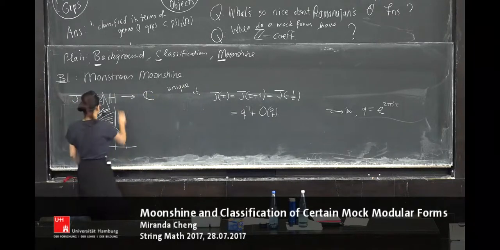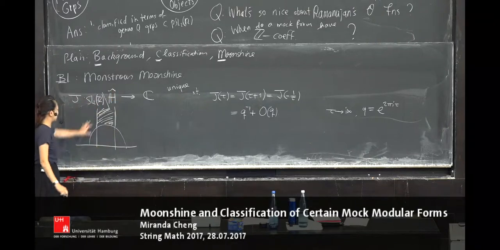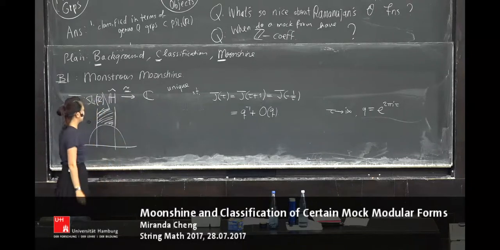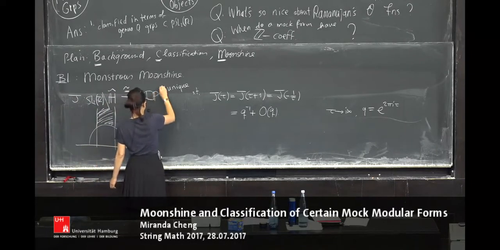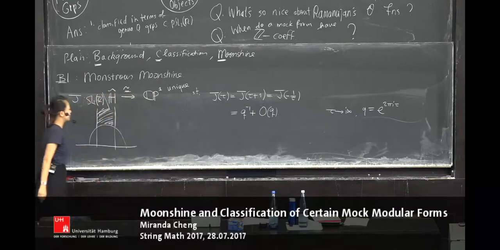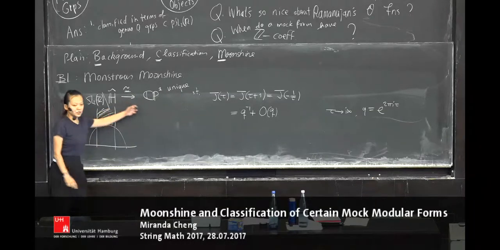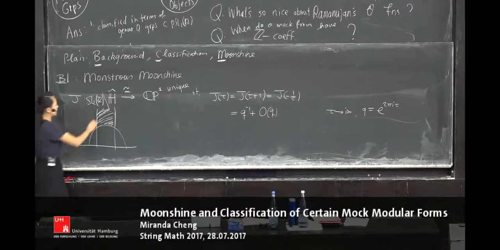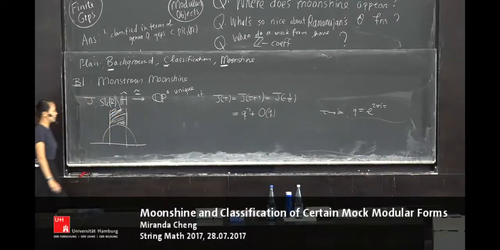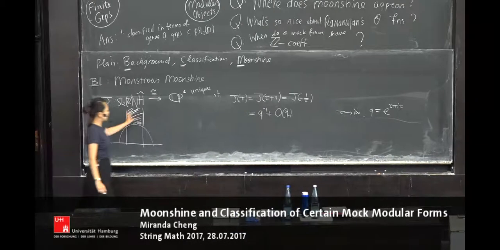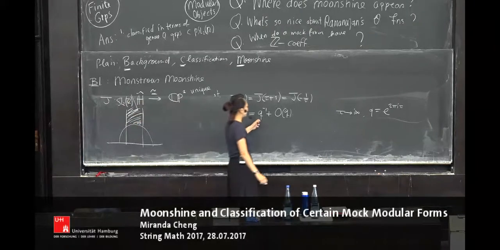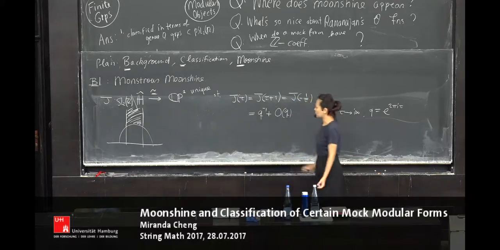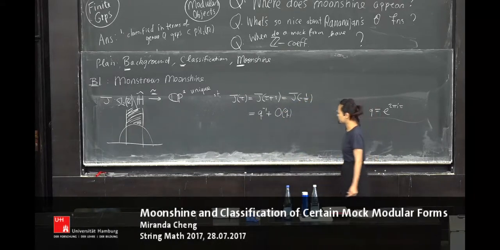We can think about it as a mapping from the compactified modular curve to CP1, adding the point at infinity, and this is actually an isomorphism. In other words, this fundamental region is genus 0. Because it's an isomorphism, we fix this and we fix the subleading term, and that fixes the isomorphism completely. So this is unique.